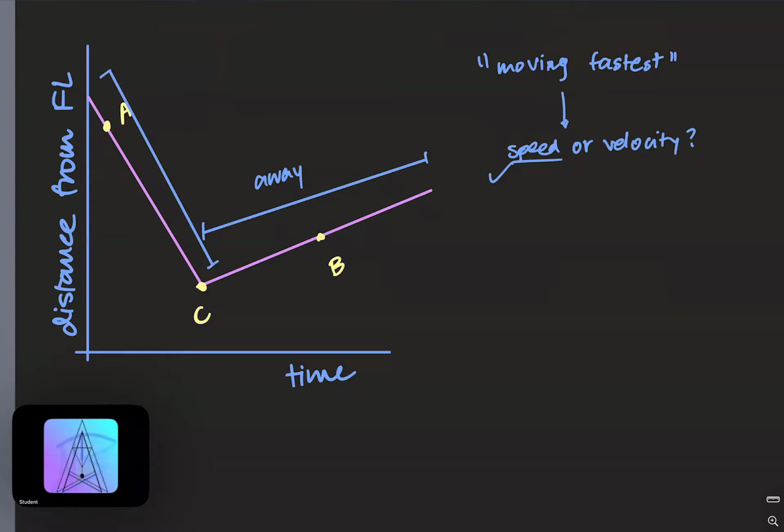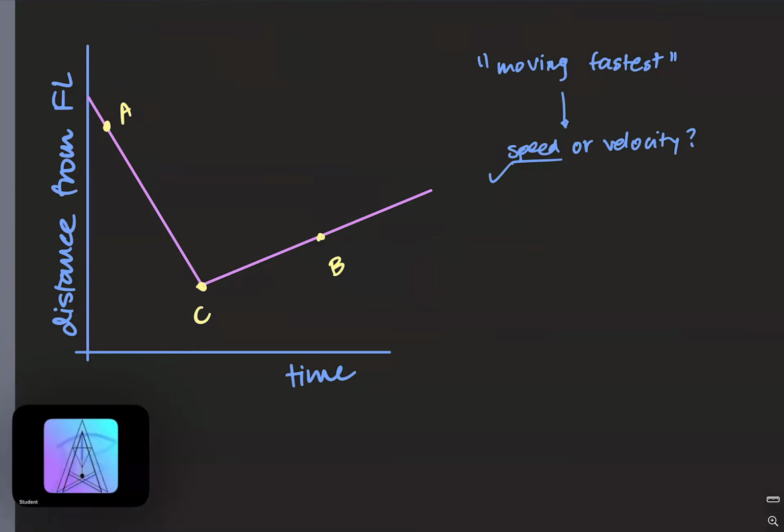Okay. The only reason A is the correct answer is because your rate of change along this line, and not just at A, at any point along this line, the speed is greater than at any point along this line. That's purely because of the slope.